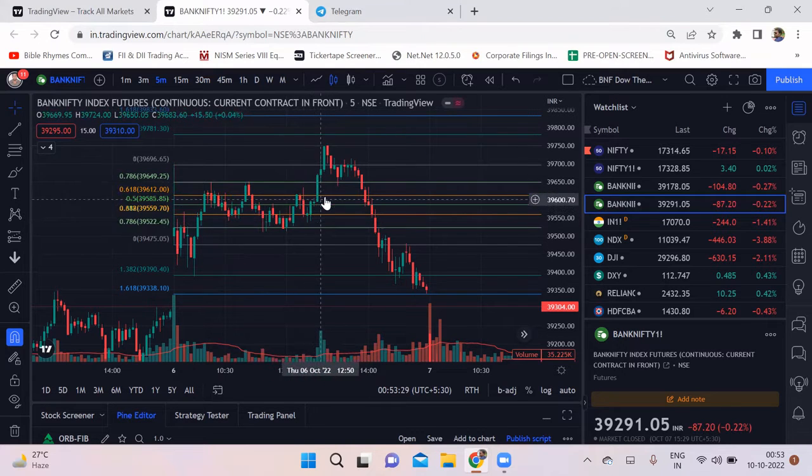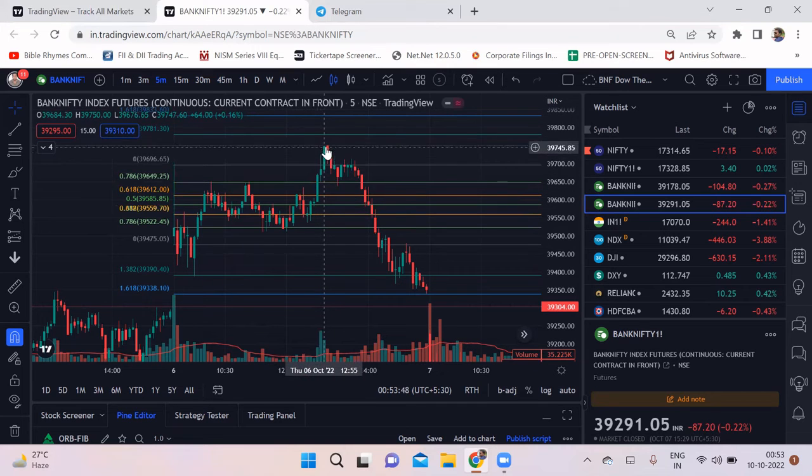And so this entry, if we were supposed to take, this was an SL hit, and on the lower side also it closed below 0.618, but it couldn't go down either. It consolidated and then eventually again it went higher.